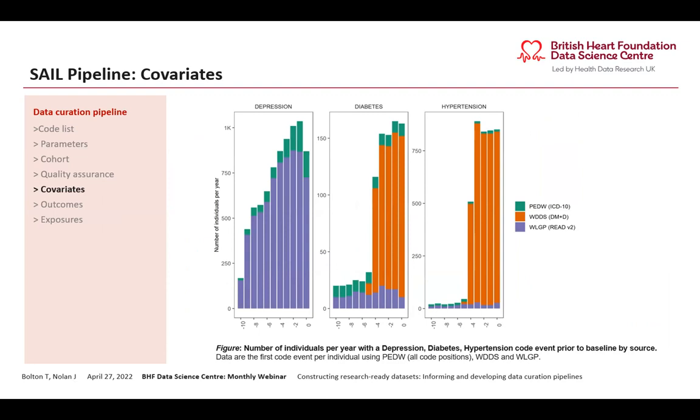So here, for example, we can see that in the case of depression, covariates have been picked up largely from primary care records, while both diabetes and hypertension have been picked up primarily from the medication codes, with a huge spike in the year that the medication data starts, which is a feature that we also saw in the NHS Digital data and pipeline.